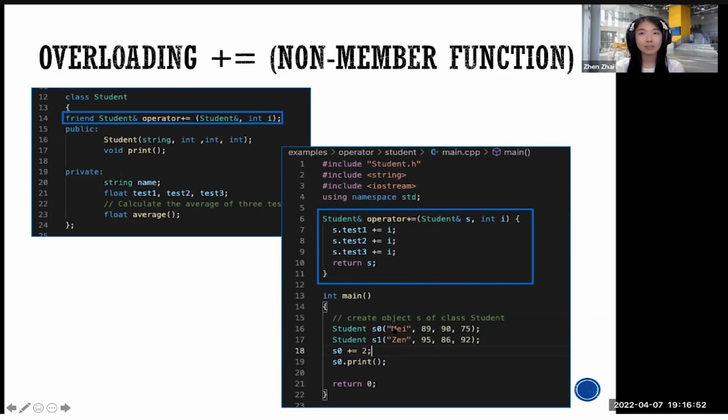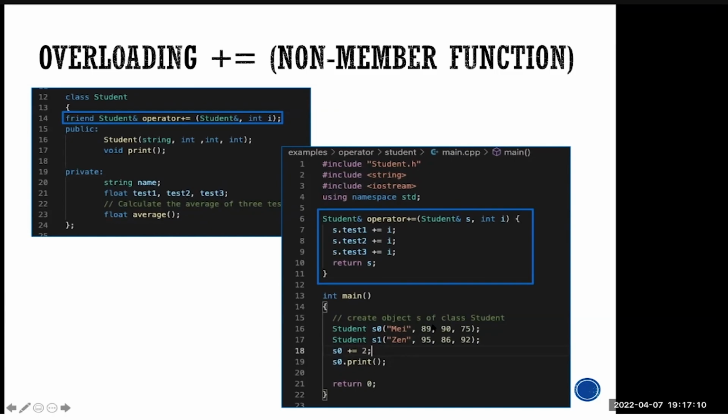It's a constructor for the class S0. So at the end of line 16, you will have an object S0 with name equal to May, test1 equal to 89, test2 equal to 90, and test3 equal to 75. That's just the initial values.